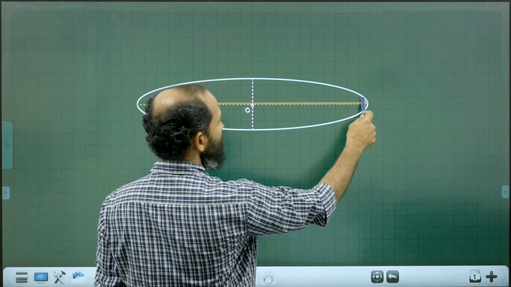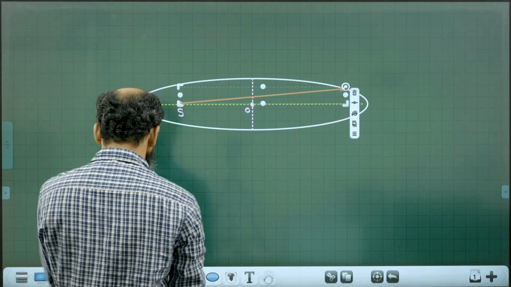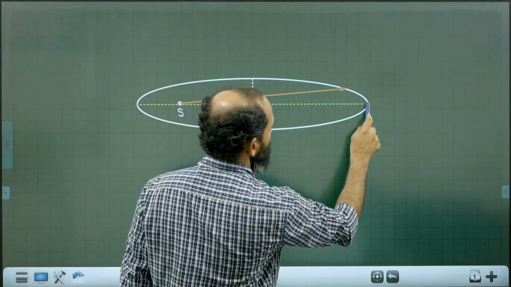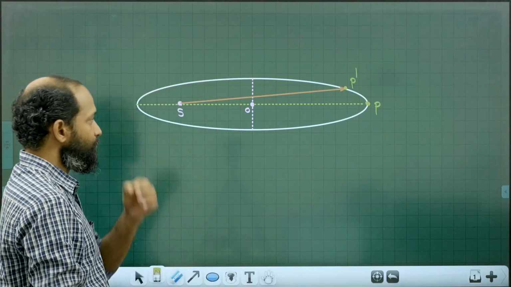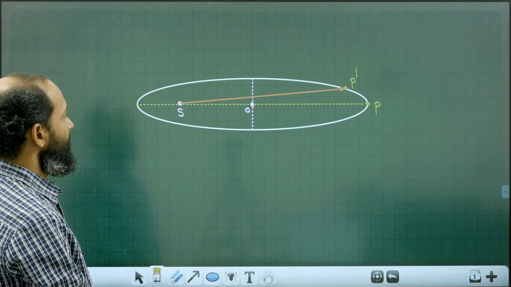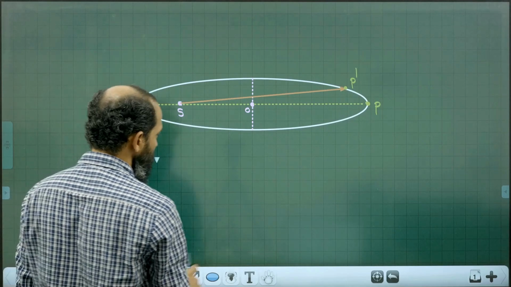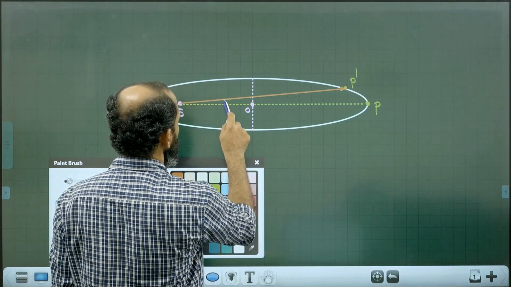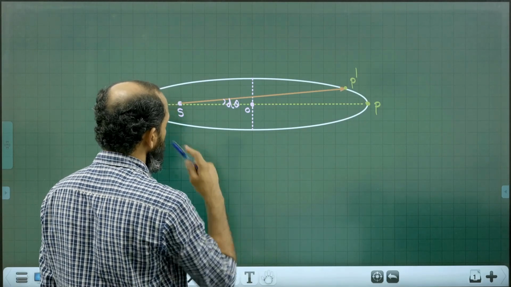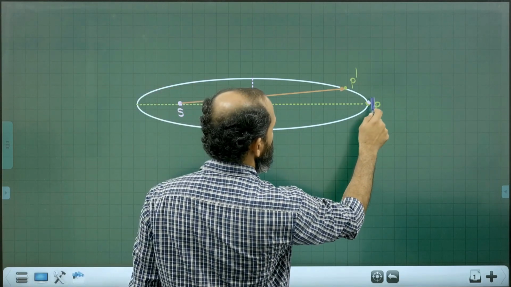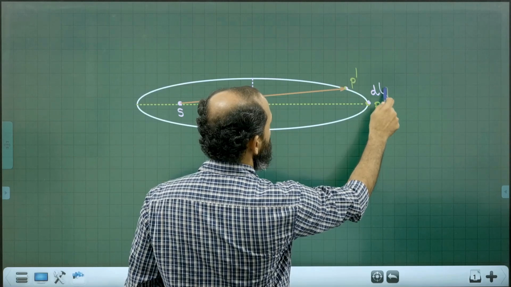The position vector turns through a very small angle when the planet moves from P to P dash. The planet describes a very small angle, say d theta. The time interval in going from P to P dash is dt.